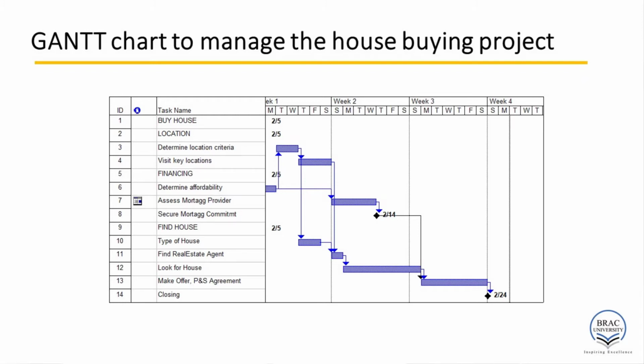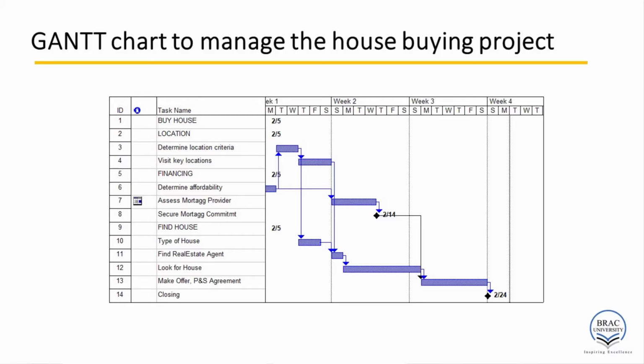This is just an example that I've randomly pulled from the internet, but essentially it shows that buying a house involves so many different tasks. That includes determining your location criteria, visiting key locations, financing, affordability, and the list goes on and on.